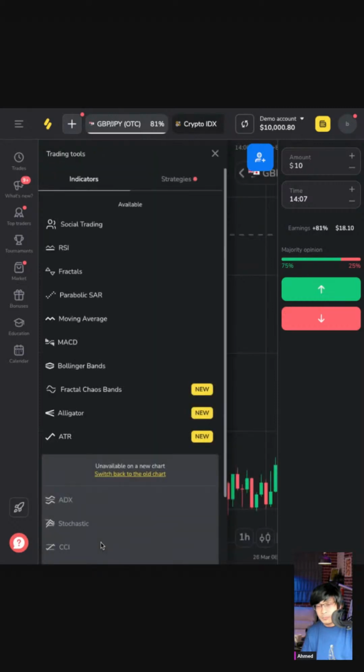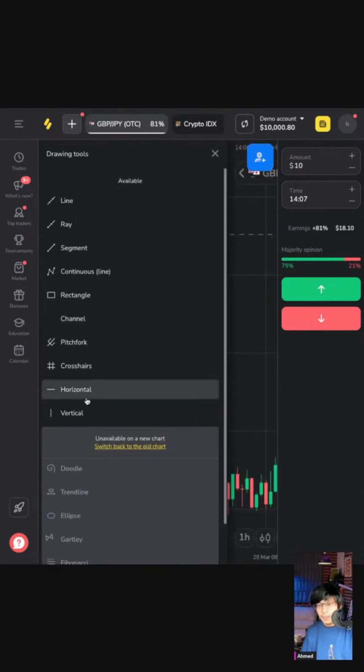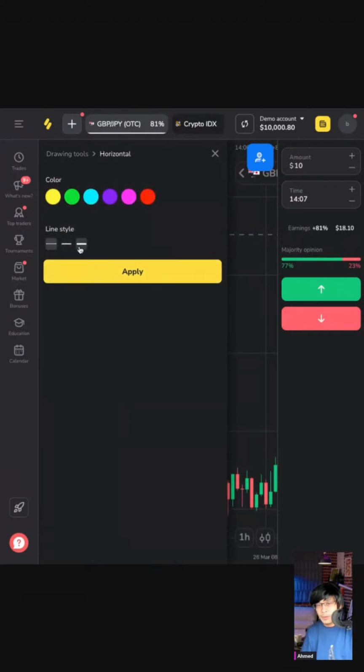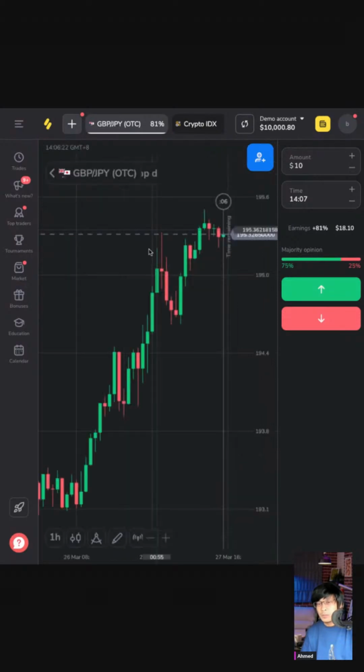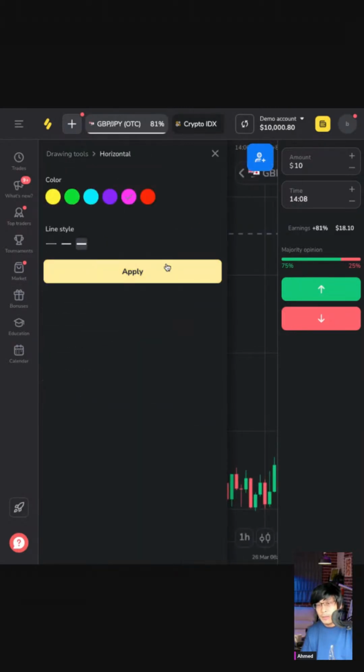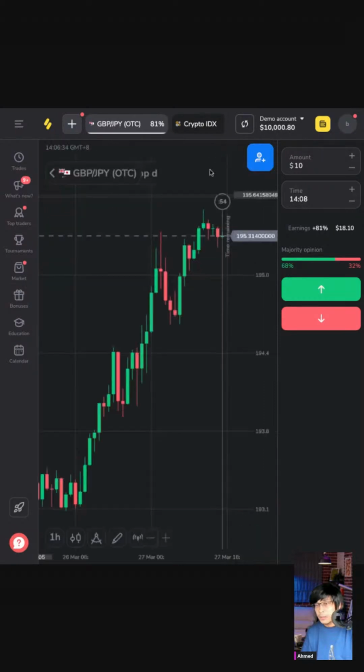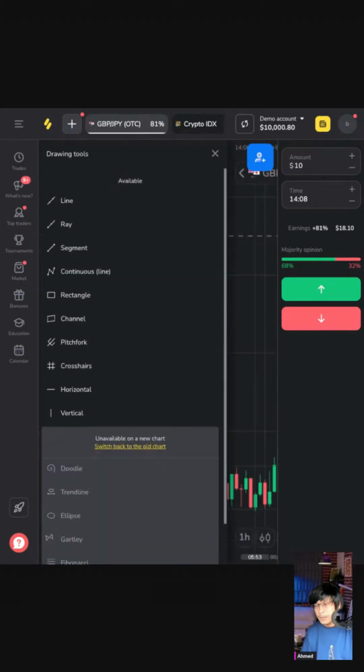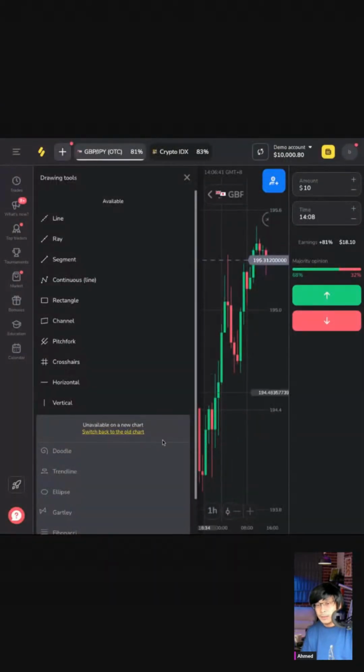So, I'm going to use this pink. So this is a peak. Hang on, where is it? I'm not drawing. Okay, let me do this again.